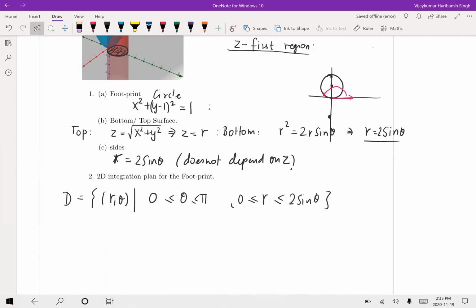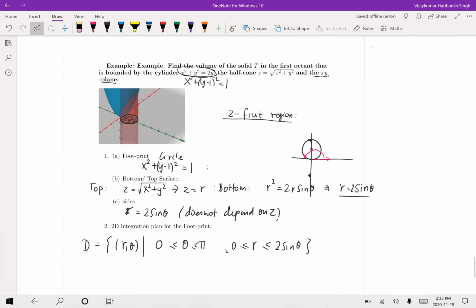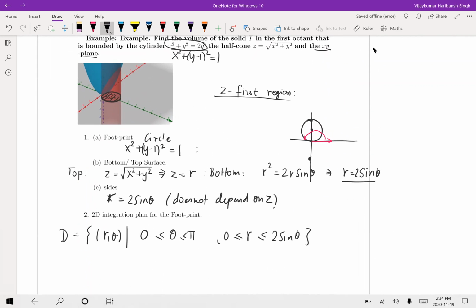And in that case, the integral can be written as, so we are finding the volume, so V can be written as, again, the first is going to be z, which goes from z equals 0 to the top one, which is z equals r.